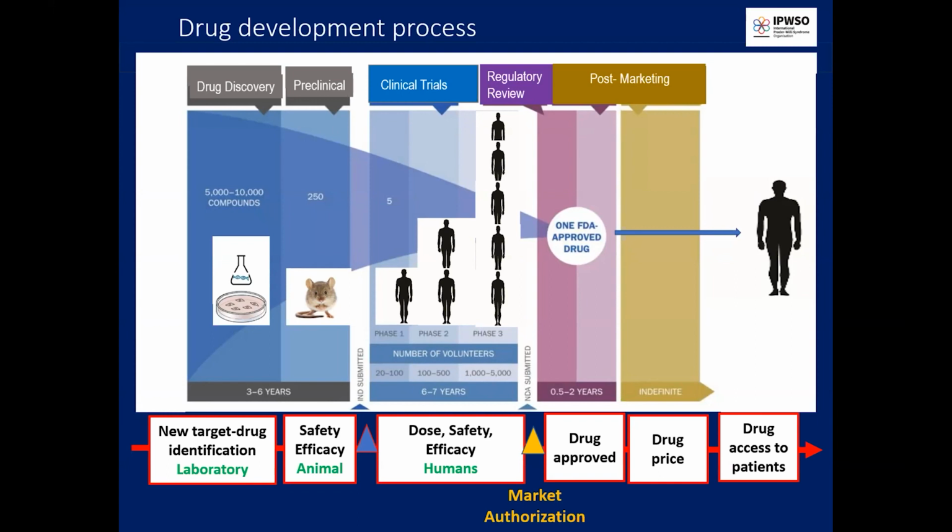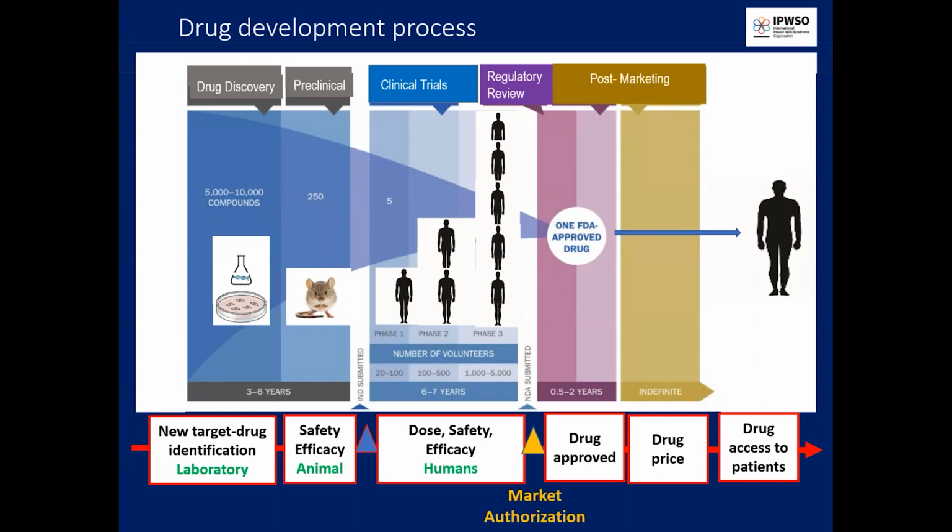Usually this phase is testing the drug for a short duration on a very small number of patients, about 10 in rare diseases. If this step is successful, then the drug moves to phase 2 clinical trials, where the drug is going to be tested in a larger patient population, about 10 to 20 patients.